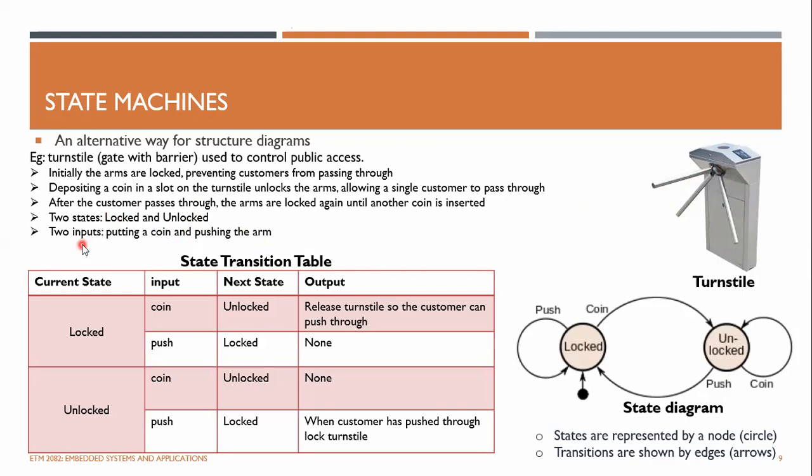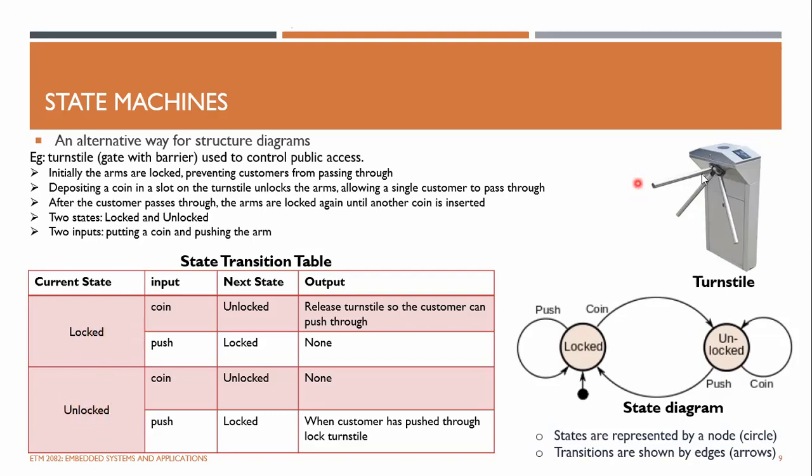And there are two inputs. One input is adding a coin, and the other is pushing this arm by a person. So we can construct a state transition table based on these two states. Let's take the current state: the first is locked, and the second is unlocked.